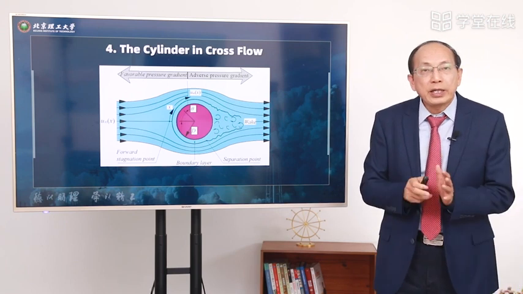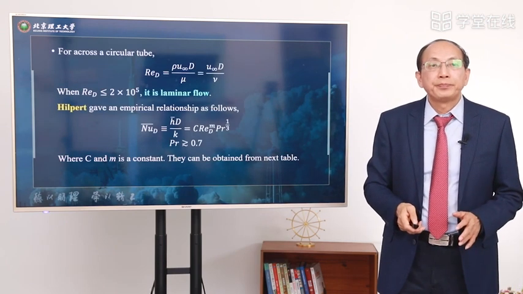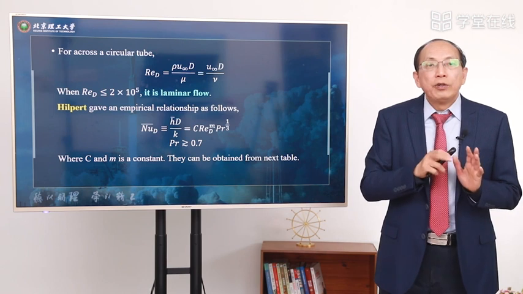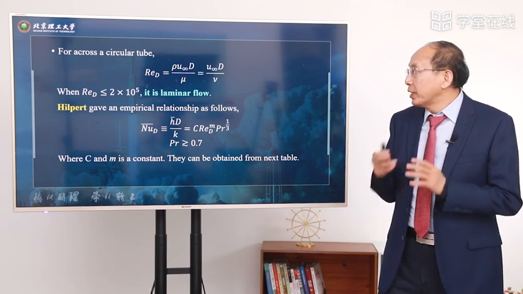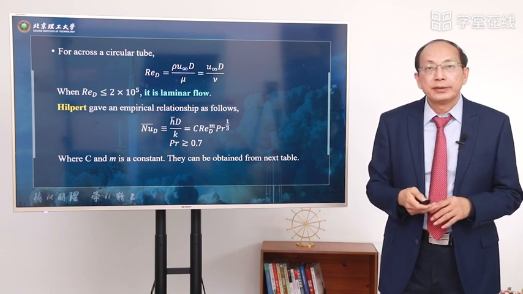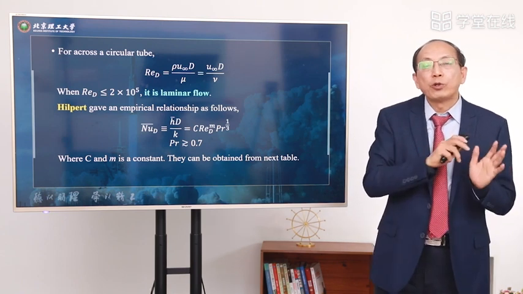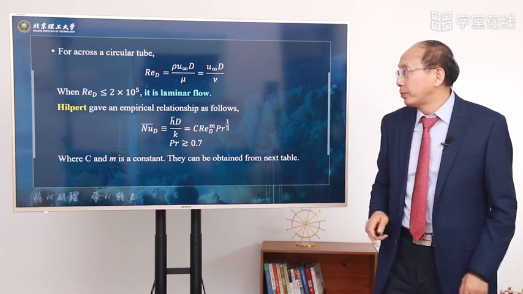So in this case, we use another Reynolds number to calculate, especially for the cylinder tube.